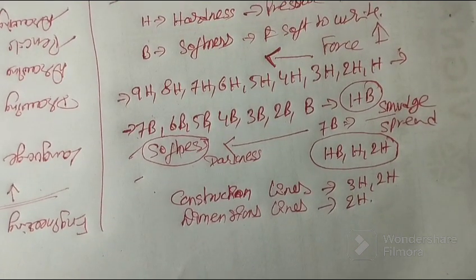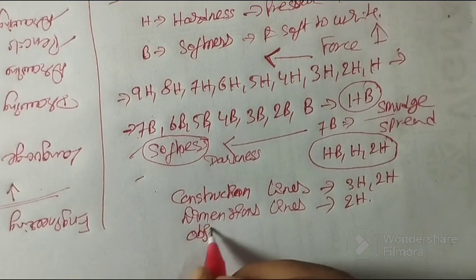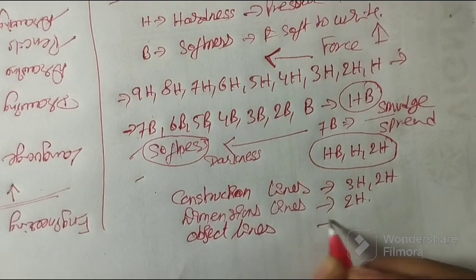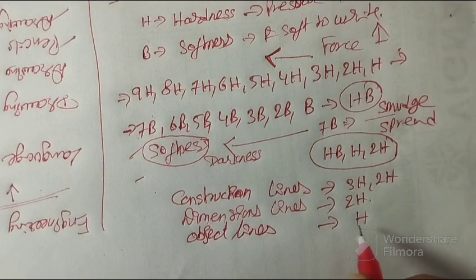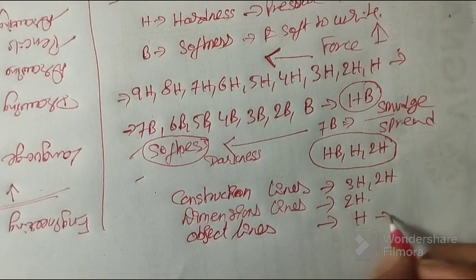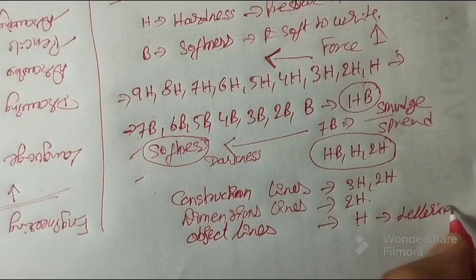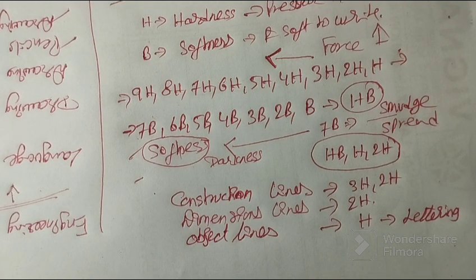Next, if you are using it for object lines, then try to use only H type pencils. This H type can also be used for lettering. In the upcoming classes, I'll be dealing with lettering, how to write alphabets in engineering graphics. So stay tuned for the next class.